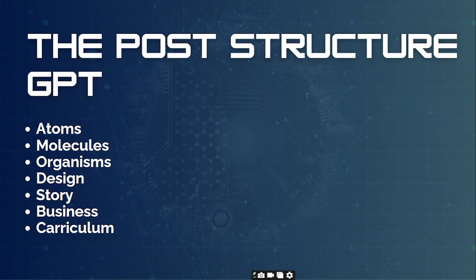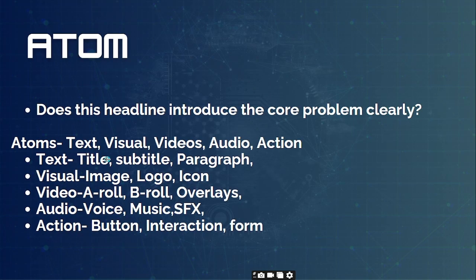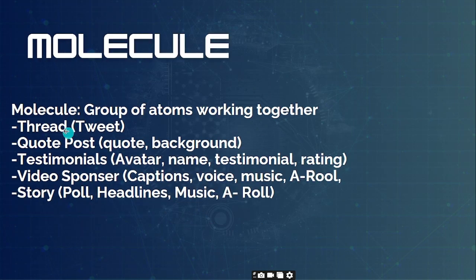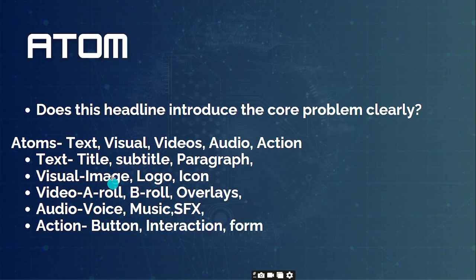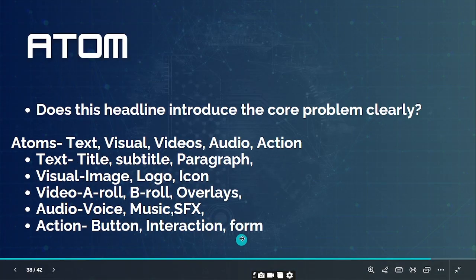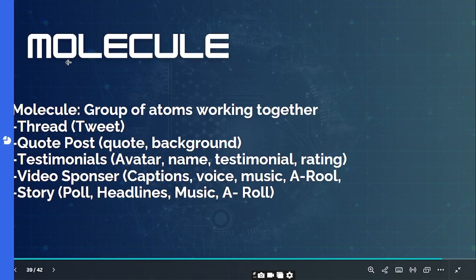Moving ahead, once you select all of those things in the items, you combine them and create, maybe a tweet, maybe a landing page, maybe a quote post, or a testimonial or video sponsor. When you combine all of these things, you eventually create a molecule.